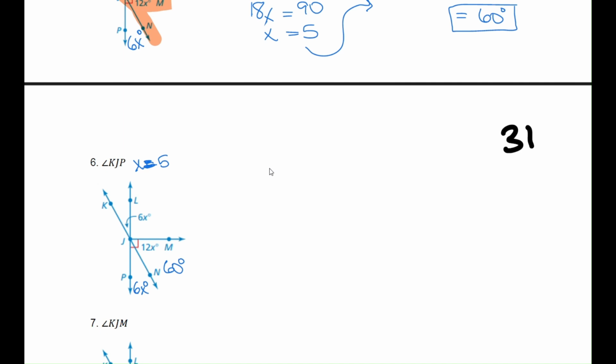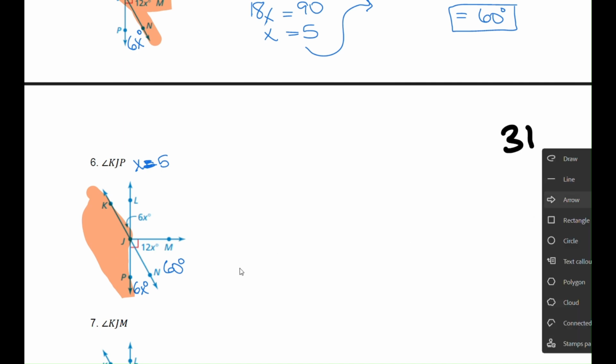Alright, for this next one, I'm looking for angle KJP. I'm going to highlight that just to keep it in mind. I'm looking for this angle here. What do I know? What do I see here?